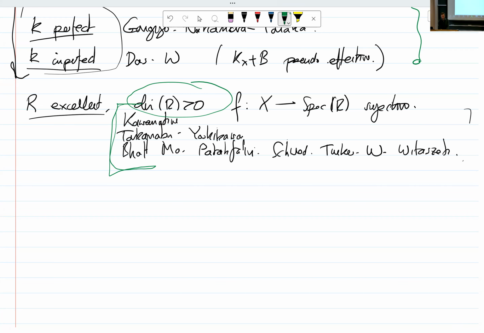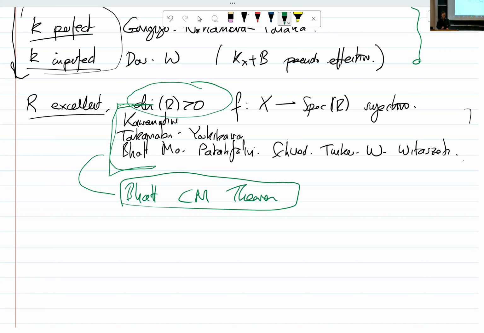So the point is, due to work of Bhatt, the Cohen-Macaulayness of integral closures. This kind of replaces Frobenius, Bhatt's CM theorem replaces Frobenius. Essentially using that, you can define a kind of singularity which also agrees with KLT in dimension 2. But again, I don't want to talk about flips, so I'm not going to go into the details of that.